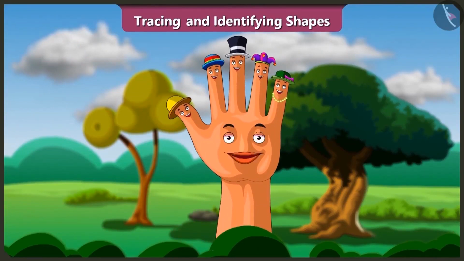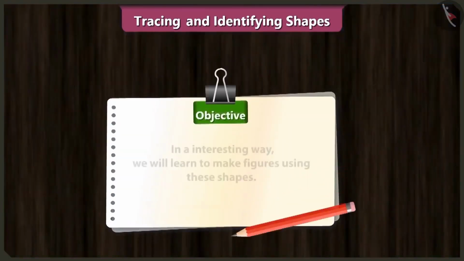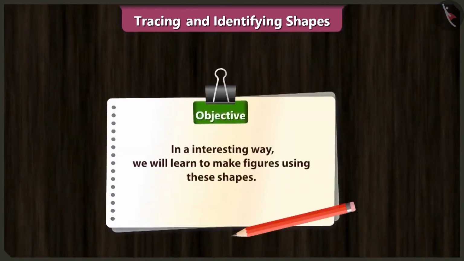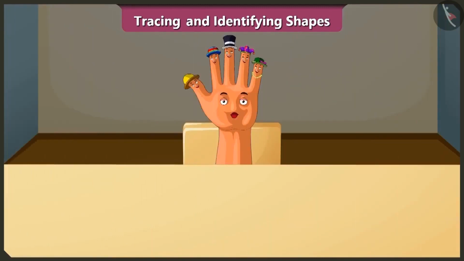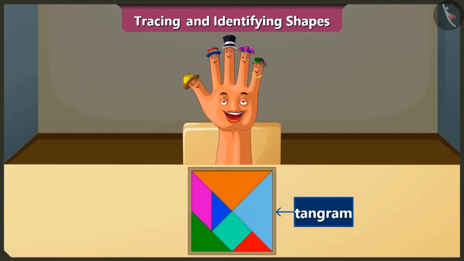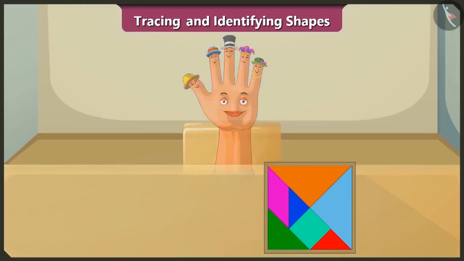Friends, we have learned to identify and trace shapes. Today, in an interesting way, we will learn to make figures using these shapes. Look friends, this is a 10-gram. There are a total of 7 shapes in it.